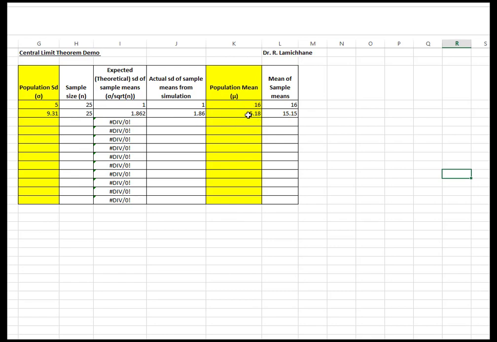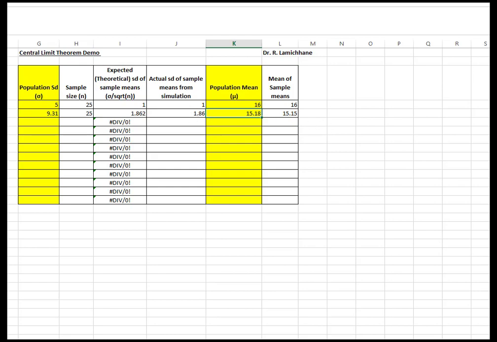This population mean is unknown, but using the sampling distribution, we can get so close to the actual value. And this is the standard deviation of the sample mean, and from this it is easy to obtain the population value. The expected value is 1.862, but we get 1.86. That's very close. So whatever we define based on the central limit theorem is exactly what we can see from the simulations.